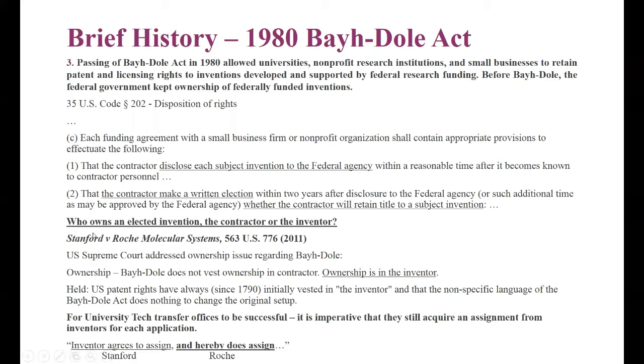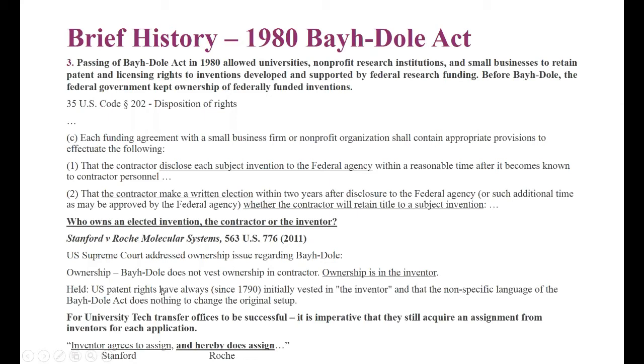What happened in this case was that there was a Stanford University professor who did make an assignment of his work to Stanford, but then one of his managers at Stanford assigned him to work at a small company that was later purchased by Roche Molecular. And this small company gave the professor an agreement to sign. It was an assignment, and he signed it thinking he was doing the right thing.